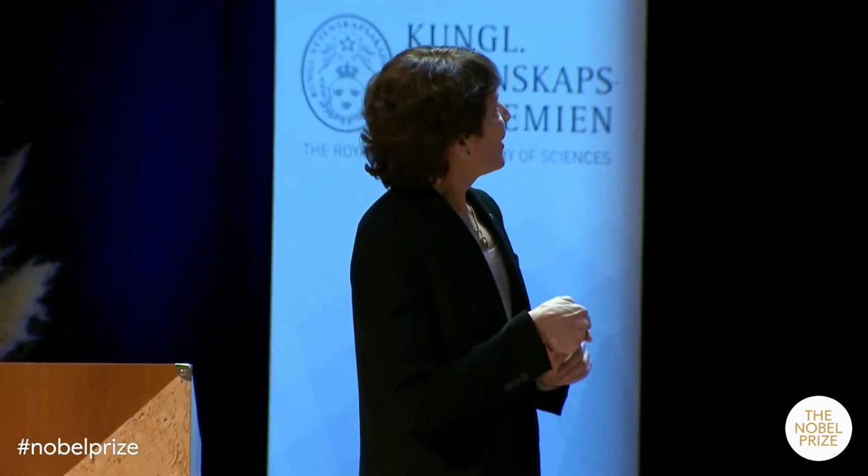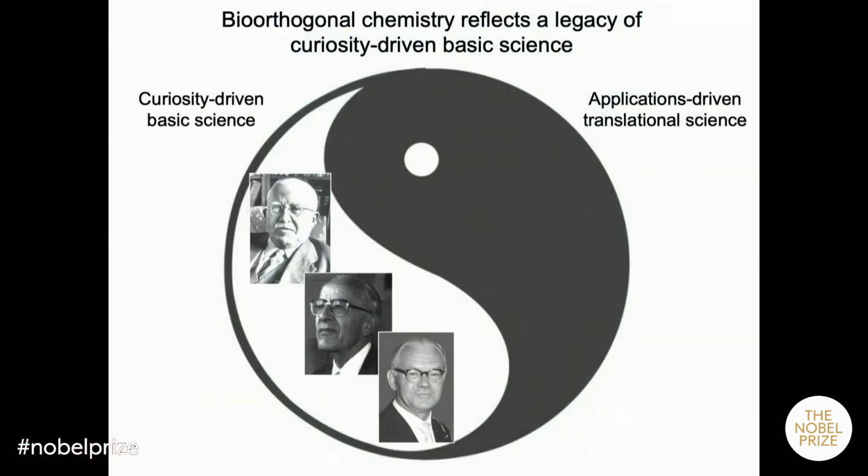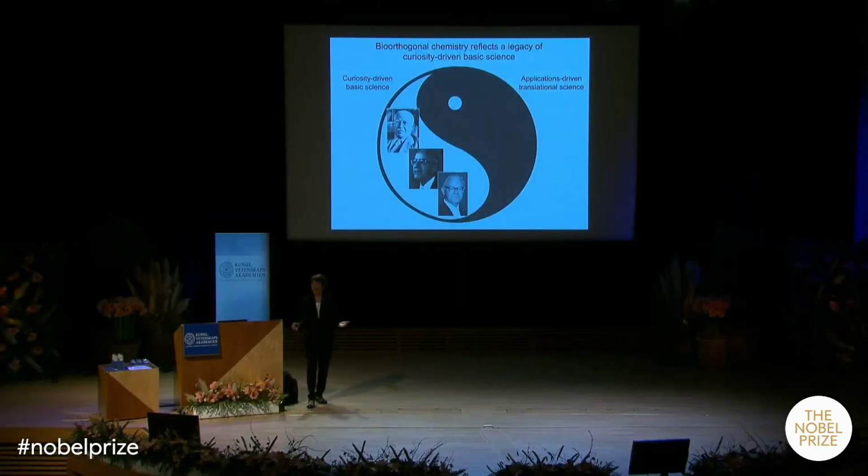Because I'm pretty certain that the chemists on whose shoulders we built bioorthogonal chemistry, and by that I mean Hermann Staudinger, Rolf Huisgen, Georg Wittig, when these chemists reported on the curious reactivity of azides, phosphines, and alkynes, they would never have foreseen that someday I would stand here and show you fluorescent zebrafish. They couldn't have known that.